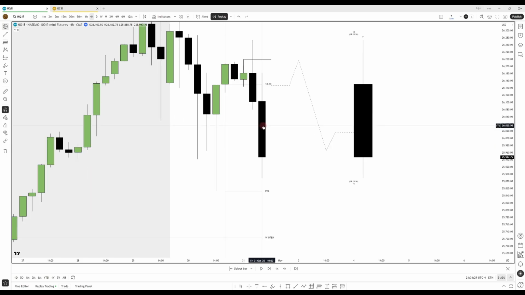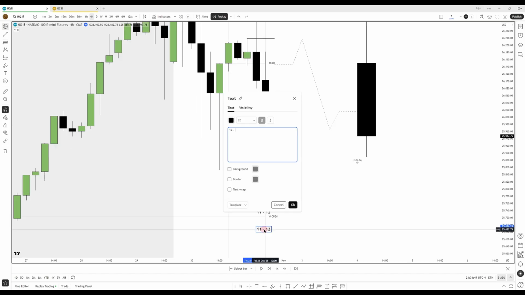If we break down this 4-hour into 1 hour, we have 4 1-hour candles, yes? So that means we have 10 to 11, that's one of the candles, right? And then we have 11 to 12, that's the second candle, right? And then 12 to 13, that's the third candle.